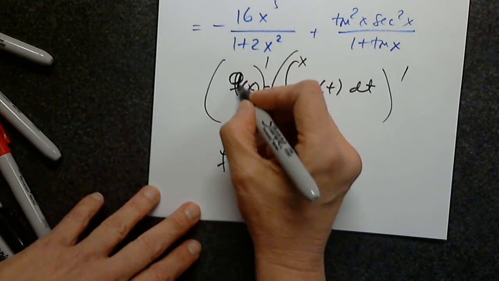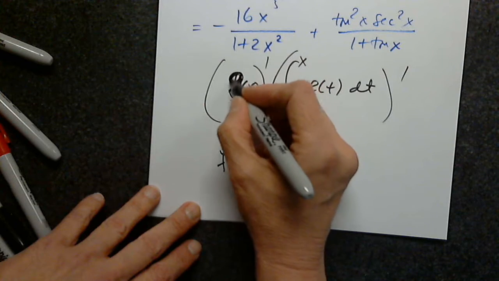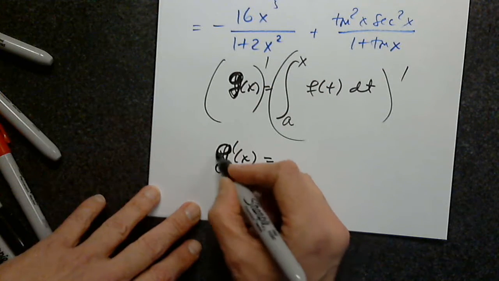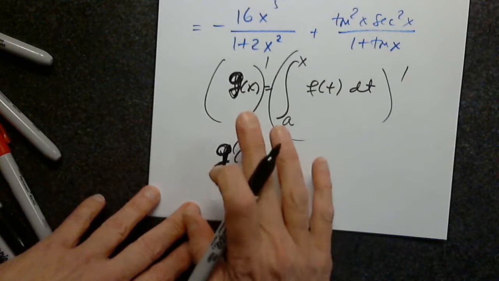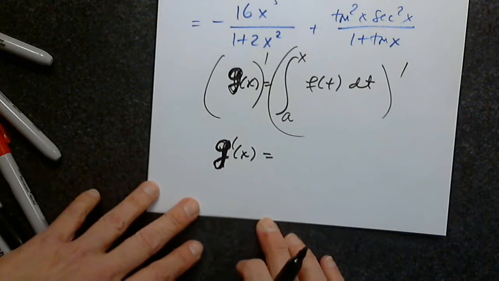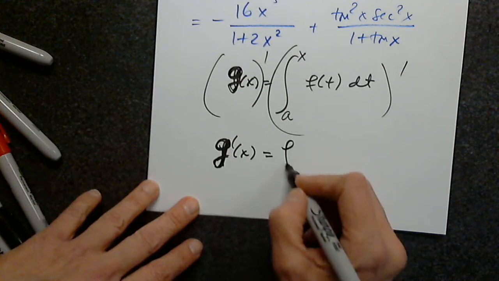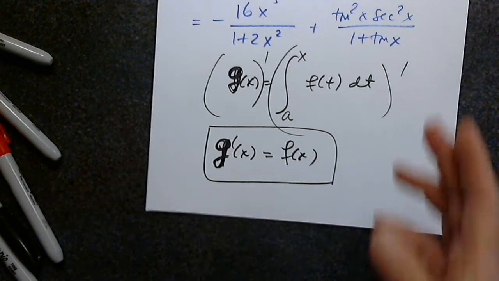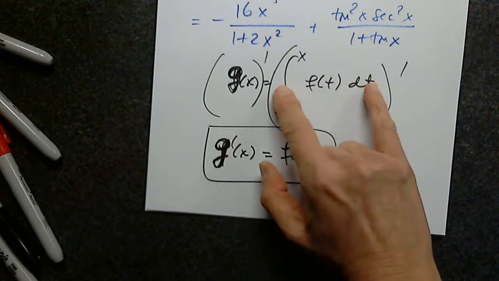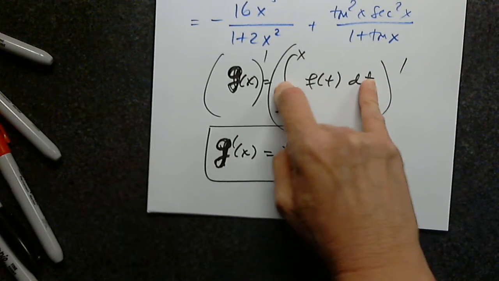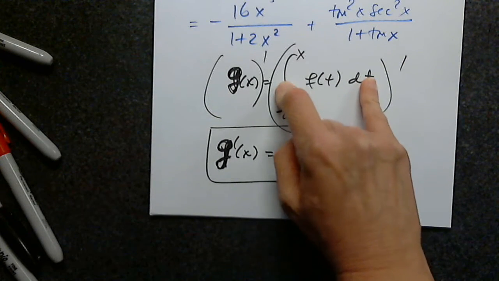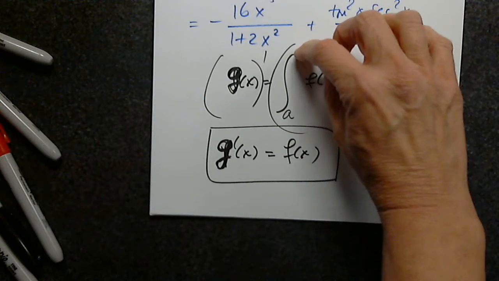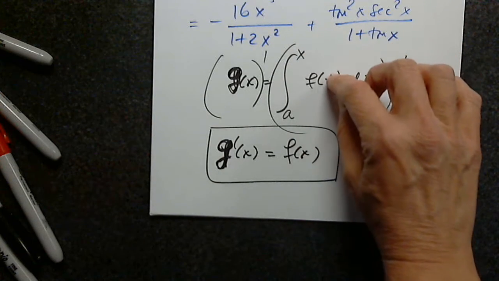I'm sorry, I have to change the notation. So g of x is given in the form of an integral. So the right-hand side is f of x. So when I differentiate an integral, these two go away because these are part of the integral, and x replaces t.